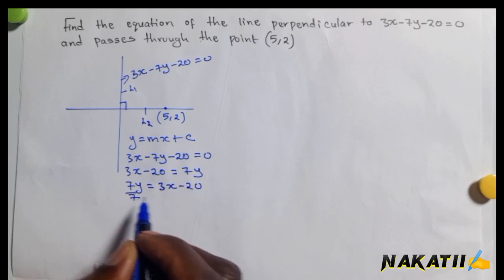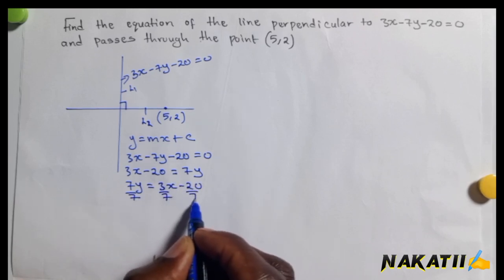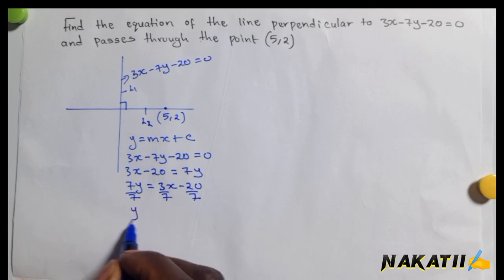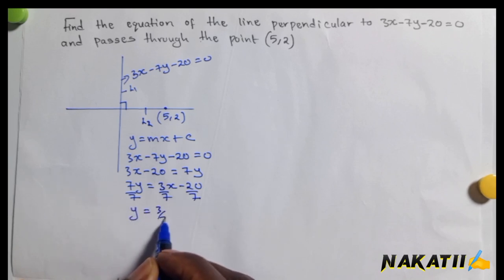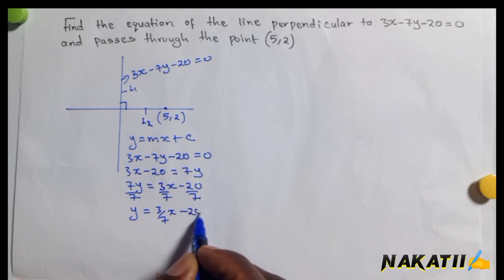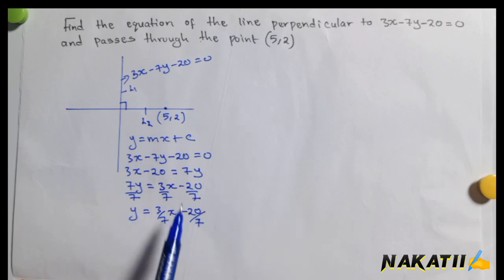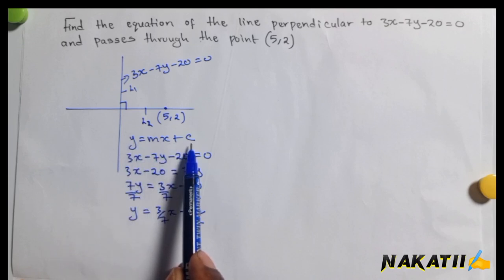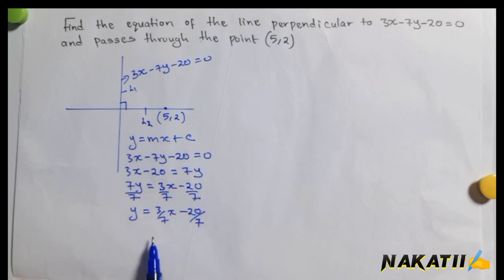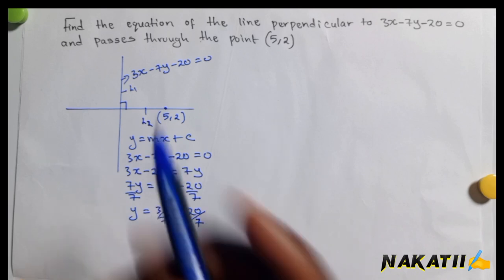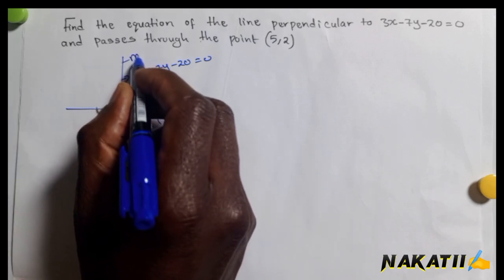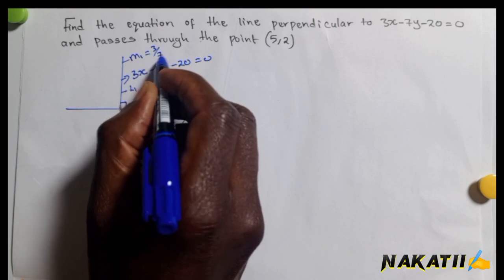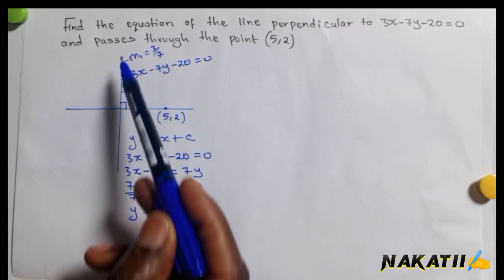We divide everything by 7. Our y will be equal to 3 over 7 x minus 20 over 7. We have rearranged this in the form y equals mx plus c. Therefore, you can see the gradient is simply 3 over 7. So our m1 here is 3 over 7, which is the gradient of this line.